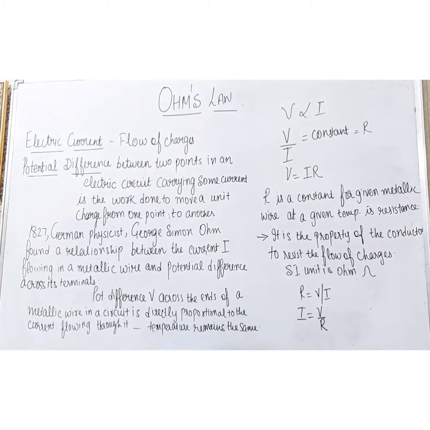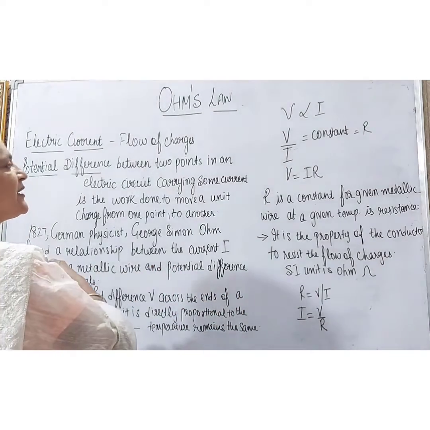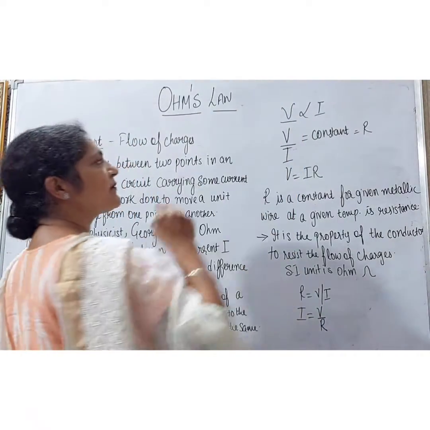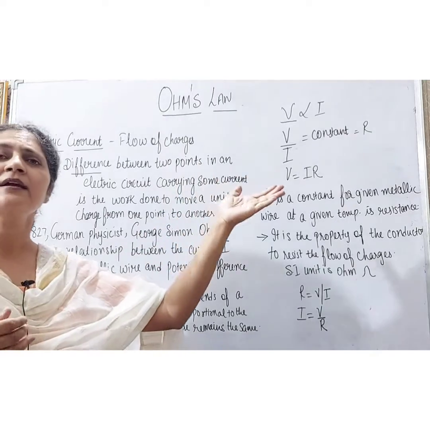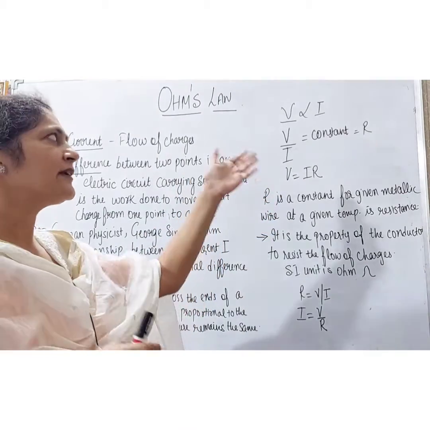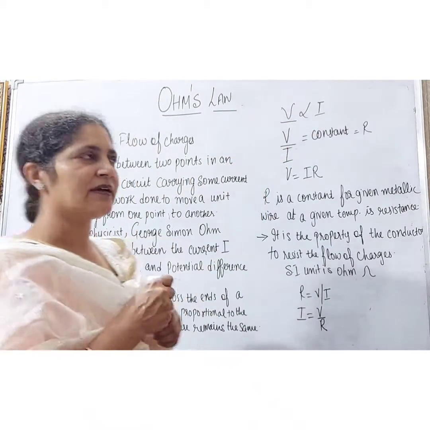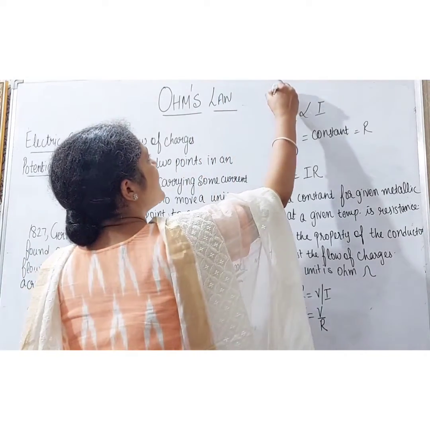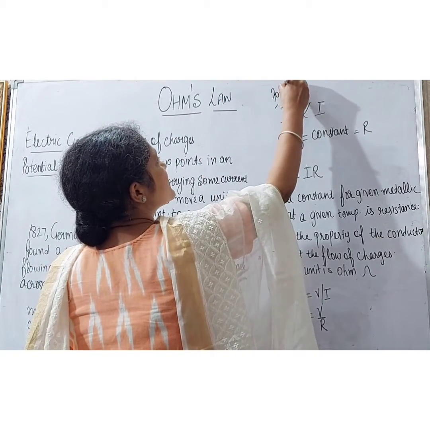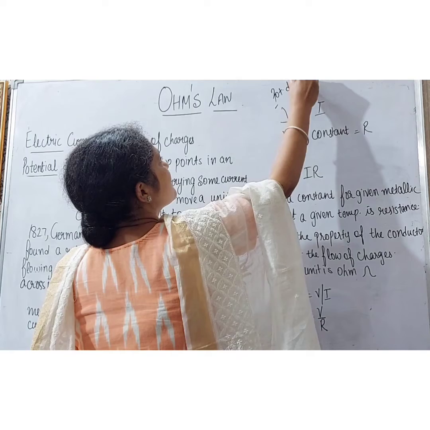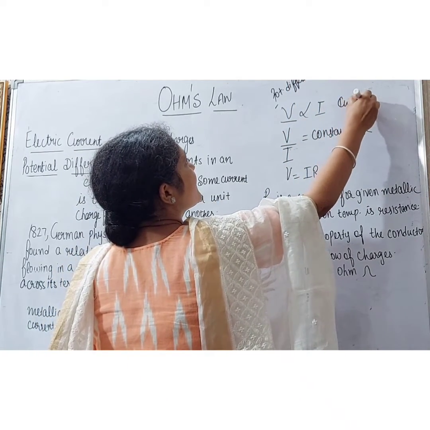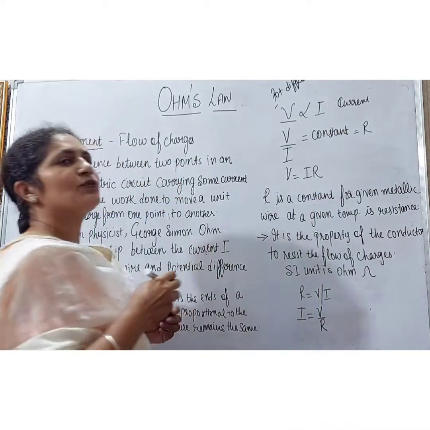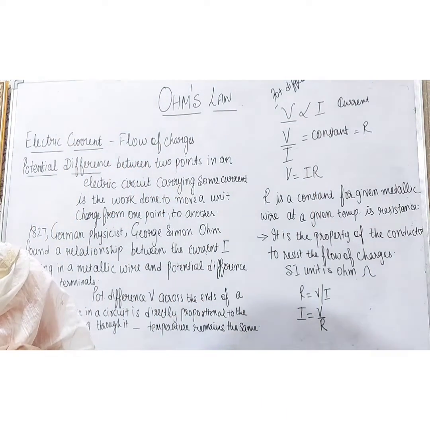He said potential difference, which is denoted by V, right students? Across the ends of a metallic wire in a circuit is directly proportional to the electric current. As you know, V is potential difference and I is current. Right? These two are directly proportional.